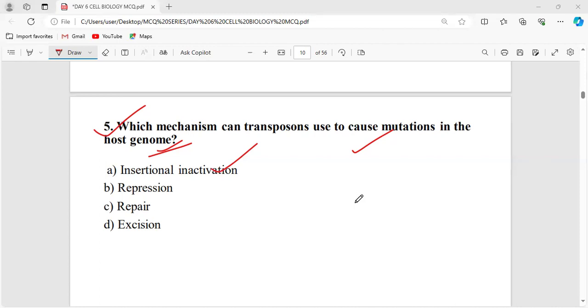Now, how many types of transposons are there? How many types of transposons can we see here? There are two different types of transposons. We can say DNA transposons and RNA transposons. And the DNA transposons, we call them class 2 transposons.